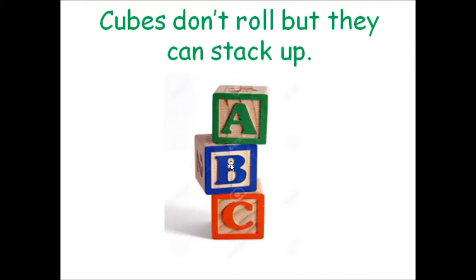So here I put a cube on top of this one and another on top of this one. Cubes don't roll, but they can stack up, meaning I can pack one on top of the other and they won't fall apart because they're resting on top of one another like that, right? So cubes cannot roll, but they can stack up, all right?